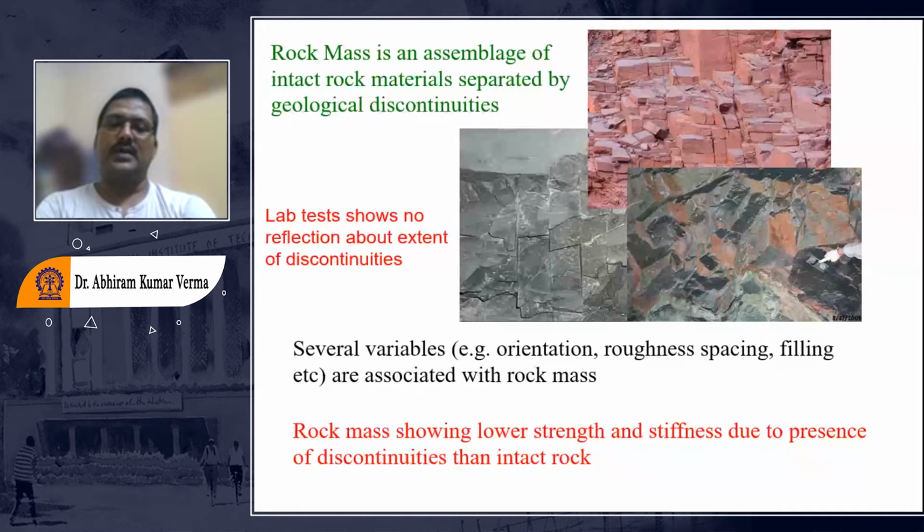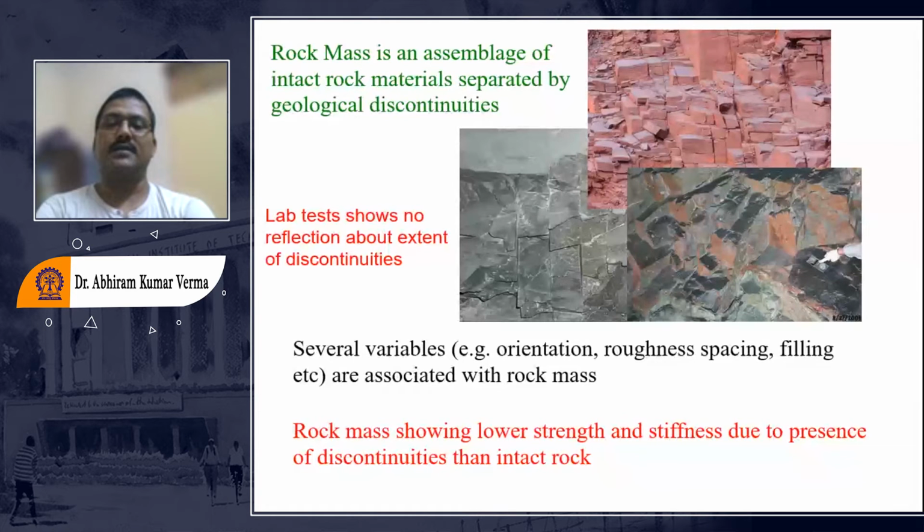So as I told you in previous classes, how can we categorize this intact rock? We can categorize this intact rock in a lab or maybe in the field also, but there should not be any discontinuities. And how can we categorize? We can find out the different strength properties.